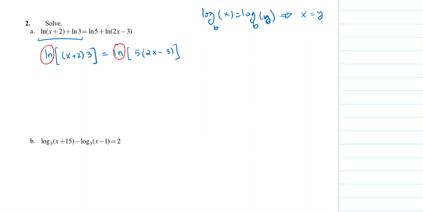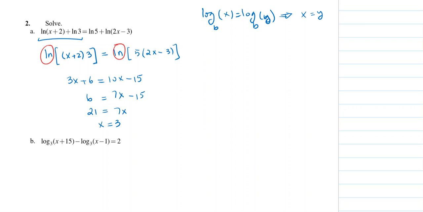So the same thing applies to that. So I get x plus 2 times 3, which is 3x plus 6, equals 5 times 2x minus 3, which is 10x minus 15. I will subtract 3x from both sides, and then add 15 to both sides, then divide by 7, and we get x equals 3.